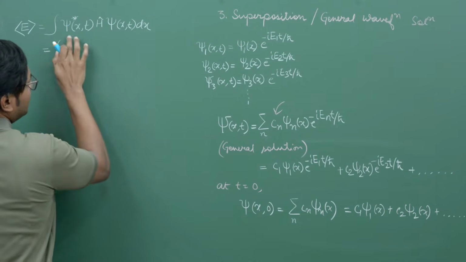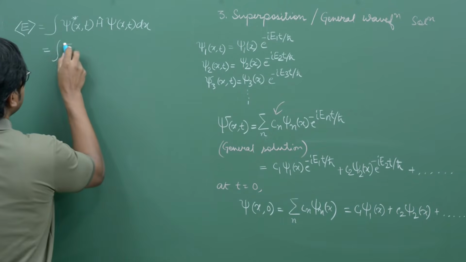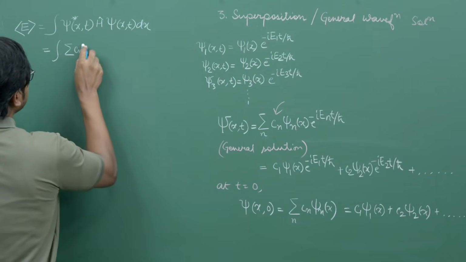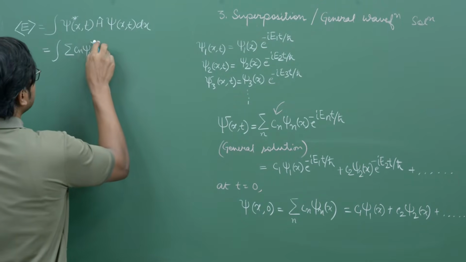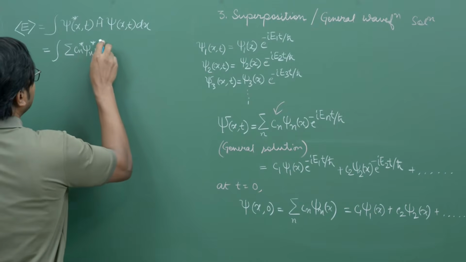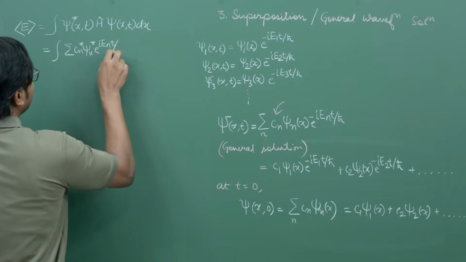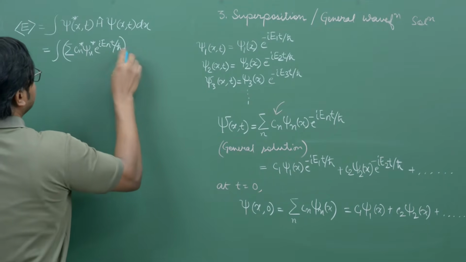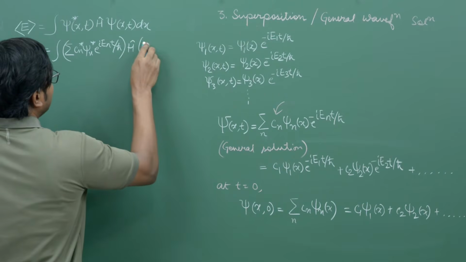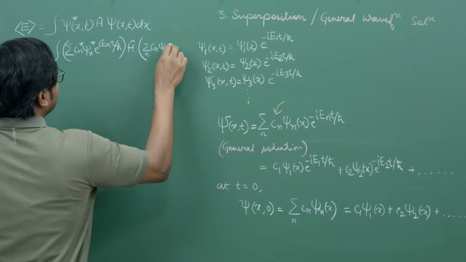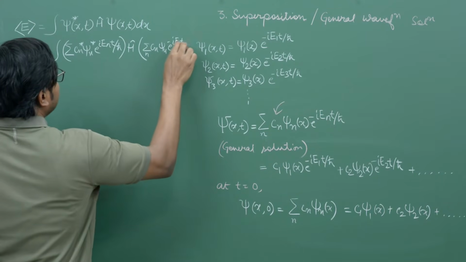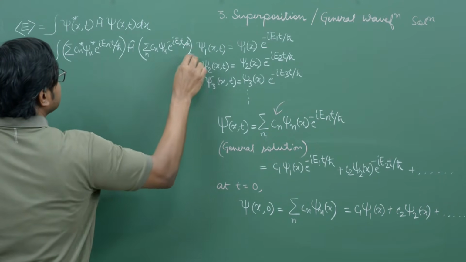If I do this, what is this? This is essentially nothing but the summation over Cn psi n e to the power of the complex conjugate of minus iota En t upon h cross, the Hamiltonian, and then the summation over n of Cn psi n e to the power of minus iota En t upon h cross, dx.